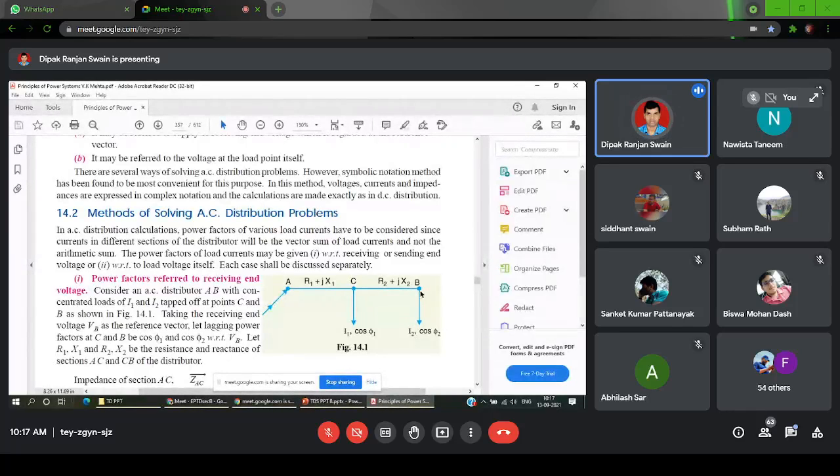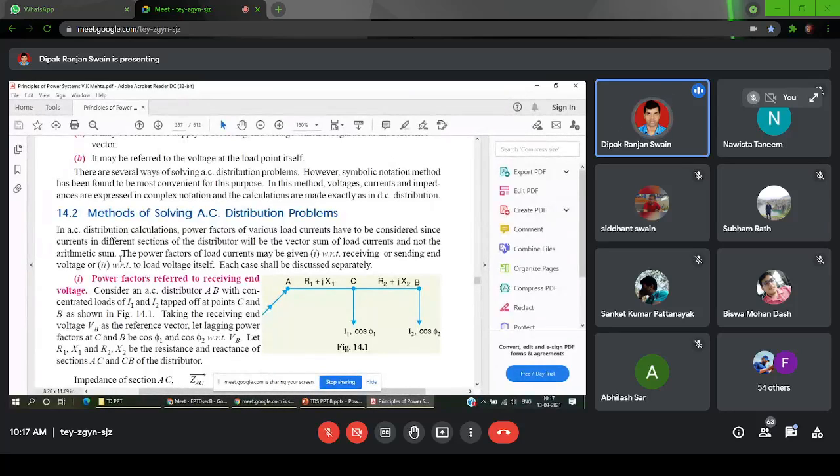Similarly, current I2 will be referred with respect to VB. That means what is the voltage available across the load. According to that, the angle between the current and voltage will be given. And that is the more practical one when you are going for calculation.